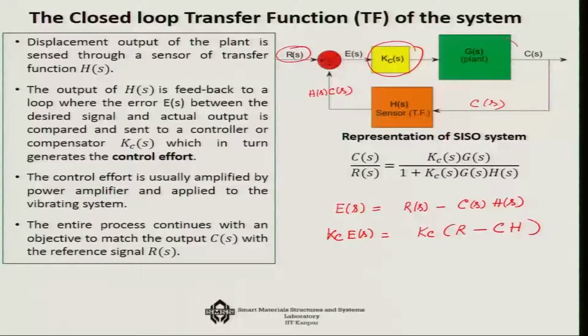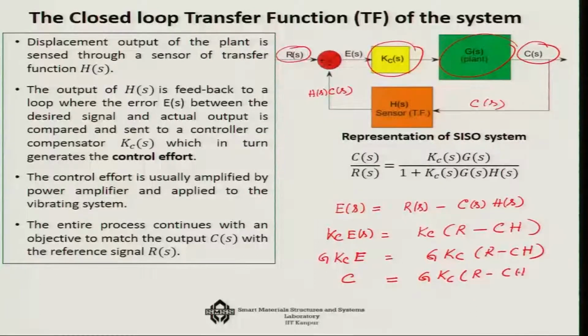Finally, it is going through G(s), so it becomes G Kc E, that means G Kc (R minus CH). But what is my G Kc E? This is nothing but C(s) itself. So C equals G Kc (R minus CH), and now all we need to do is a little bit of rearranging.